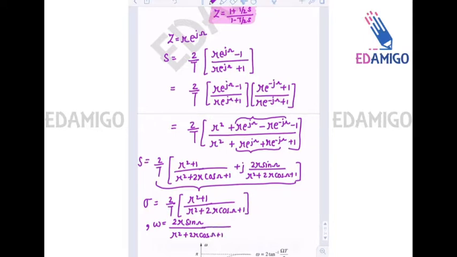Okay, so these two equations are there. This is equation number 1 and this is equation number 2.